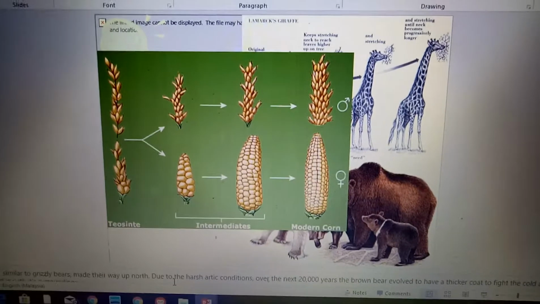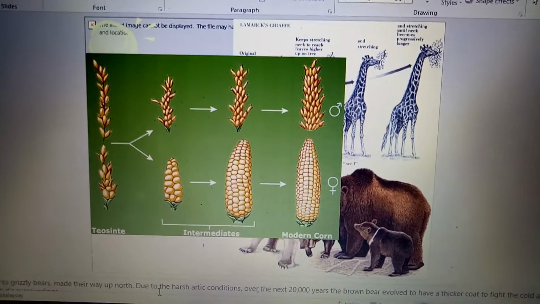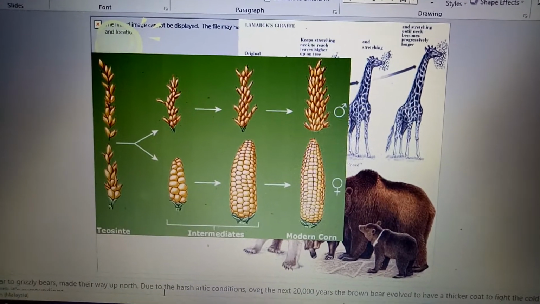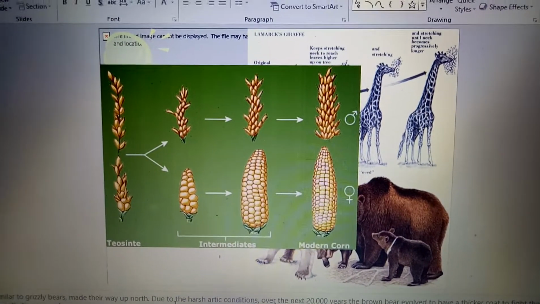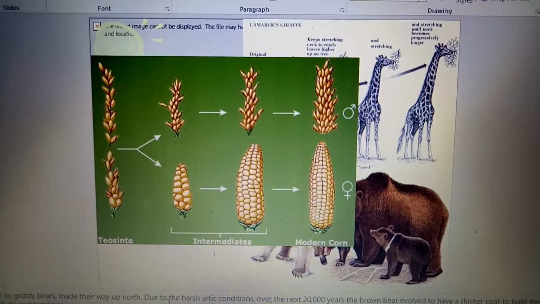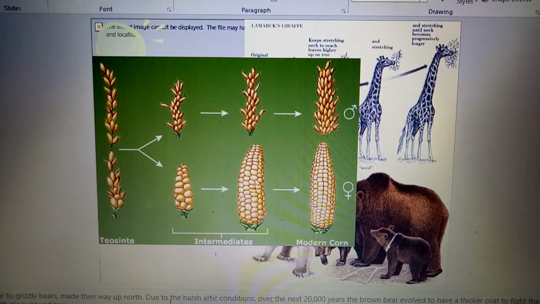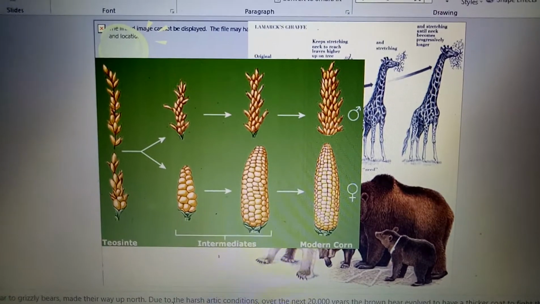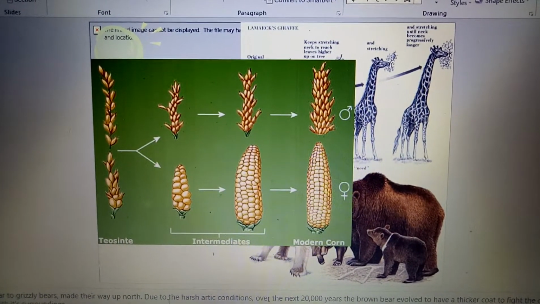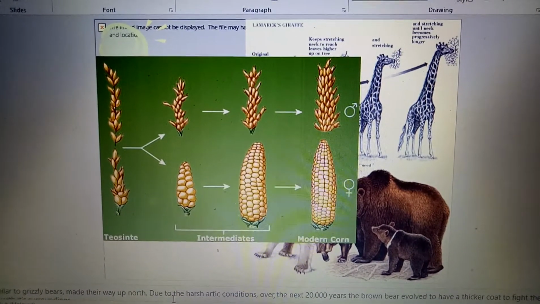As you can see from here, adaptation occurs in plants and animals. For plants, I think you already learned from chapter number 1, 1.3 last time, about the change, about evolution. This is more about adaptation during periods of time. It takes a long time, the long term.